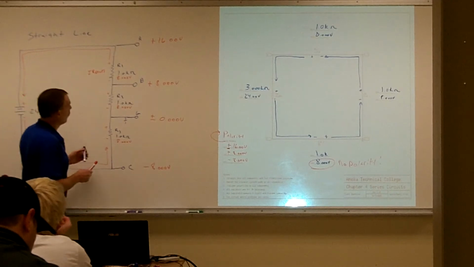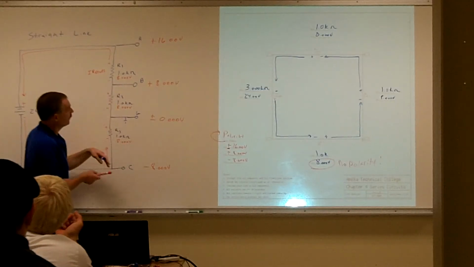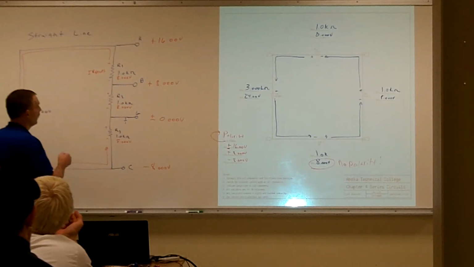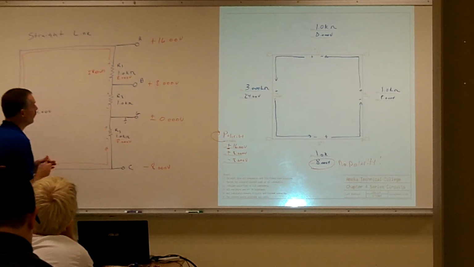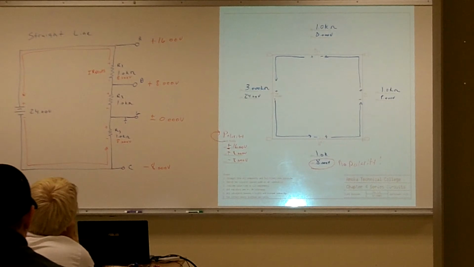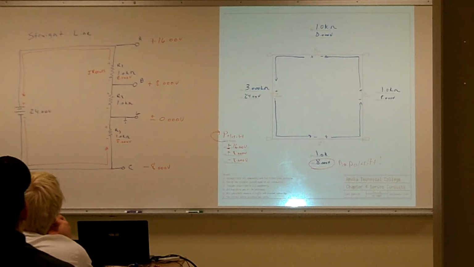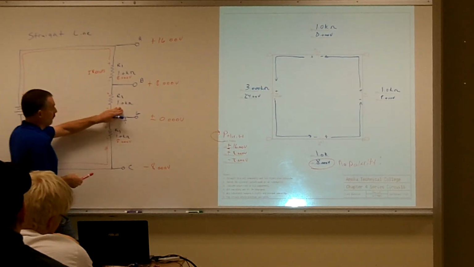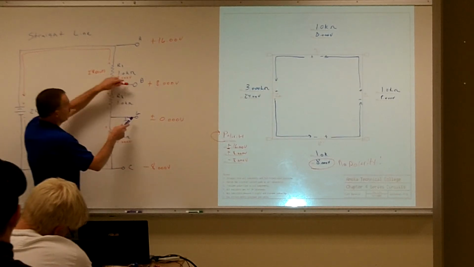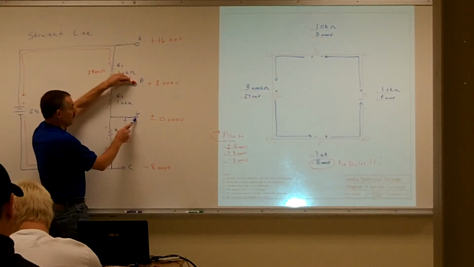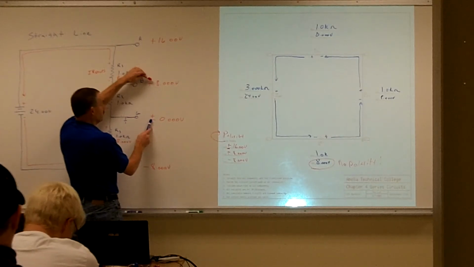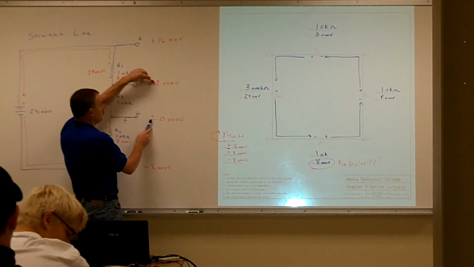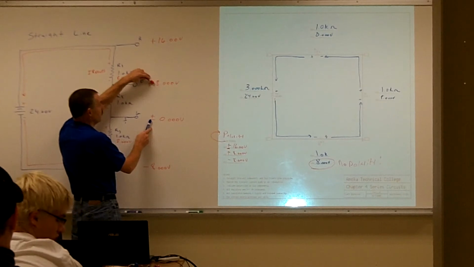So let's say we had all these test points, but we didn't know what the voltage drop across R2 was, and I want to find out. I could bring my meter leads up to my test points. I know that my reference point is going to be plus or minus 0, and my test point B is at a positive 8 volts.